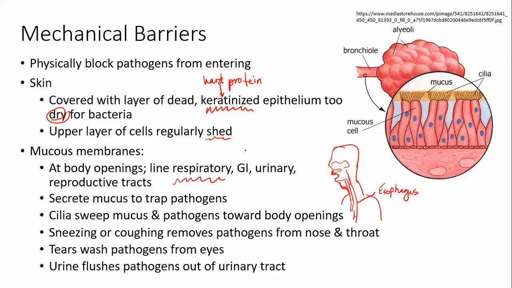The gastrointestinal tract, so this is basically everything from your mouth down to your anus, but we're going to define it as like your stomach and your intestines. The urinary tract, so this includes like the ureter and the urethra. The important one is the urethra because that's the opening that urine goes to exit the body.